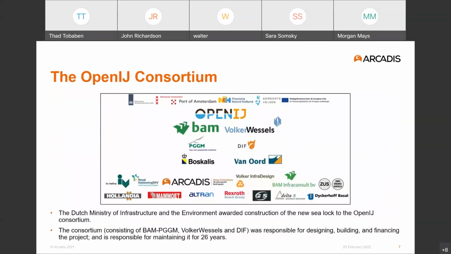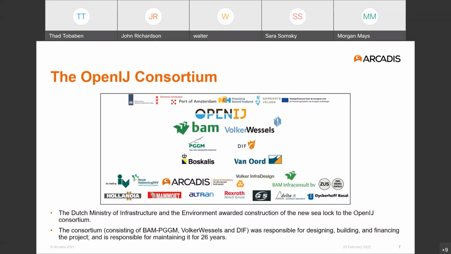The Dutch Ministry of Infrastructure and Environment awarded the project to something referred to as the Openij Consortium. This was a group of 3 businesses, BAM-PGGm, VolkerWessels and DIF. These 3 firms were responsible for designing, building, and financing the project, and they're also responsible for maintaining it for the next 26 years.